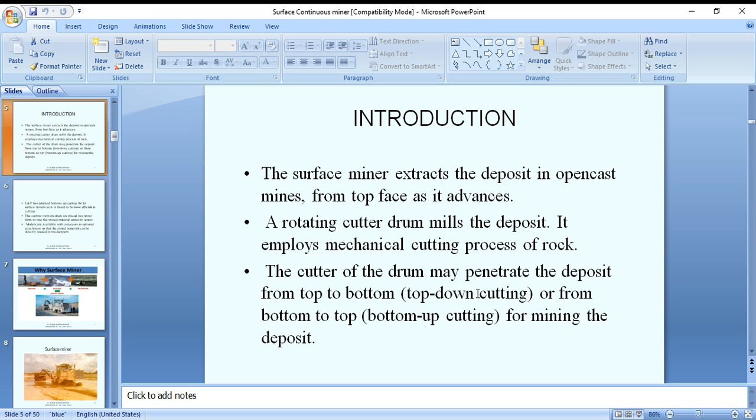They are manufacturing surface continuous miners exclusively for thin sections and soft coal, lignite or other soft deposits where blasting is avoided or not required. Such environmental conditions also impose restricted areas.